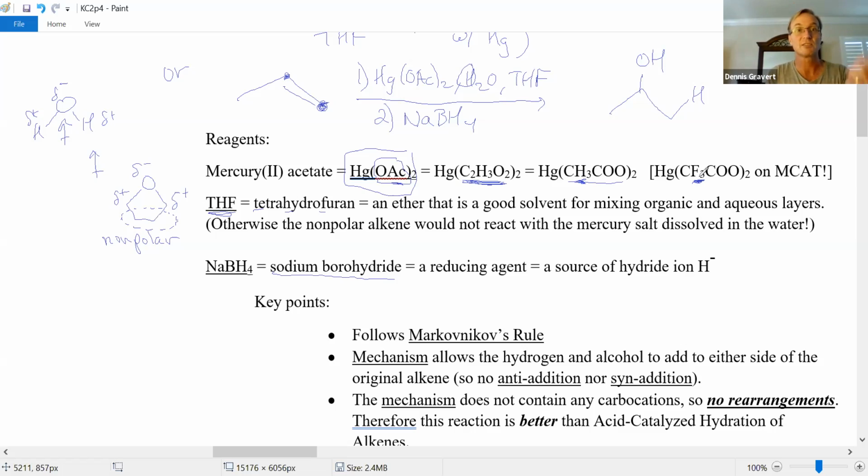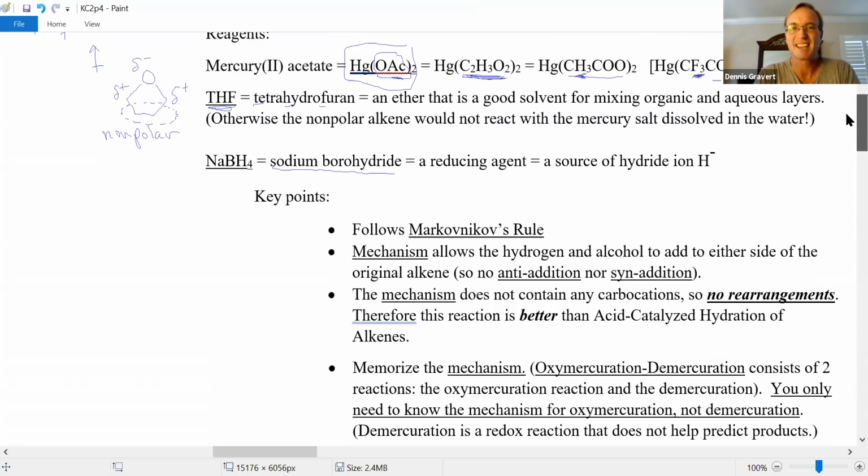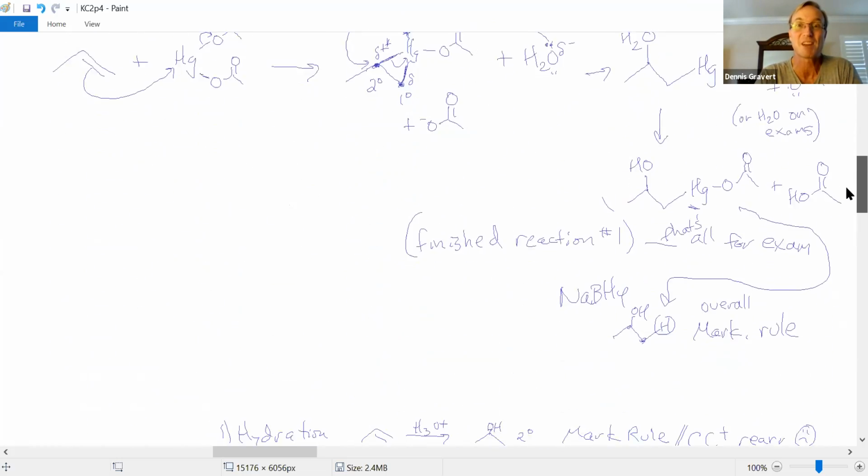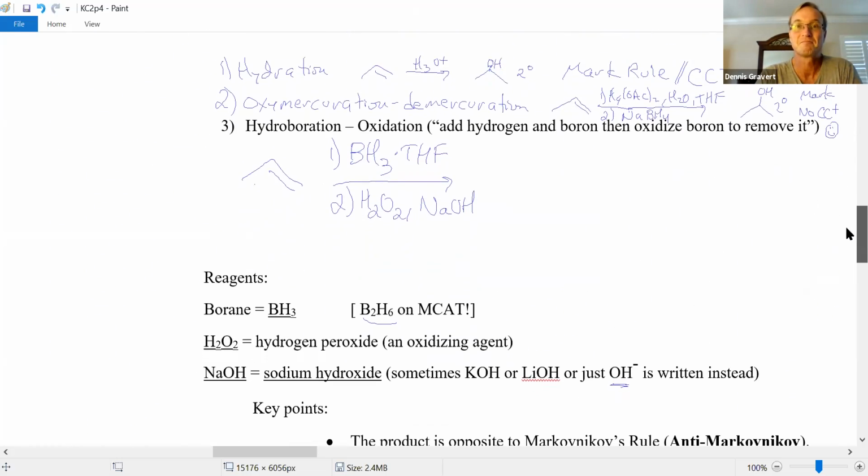You get higher yields, faster reaction times, I believe. And so the MCAT actually used this specific reagent to do the oxymercuration demercuration reaction. Same products though. So just be aware that they can tweak the reagents, the chemical formulas a little bit, and still refer to the same reaction.